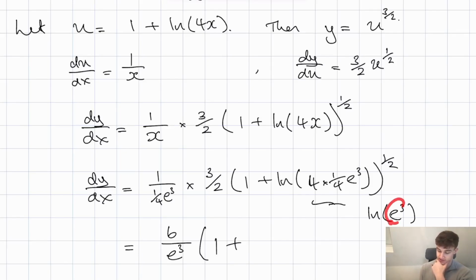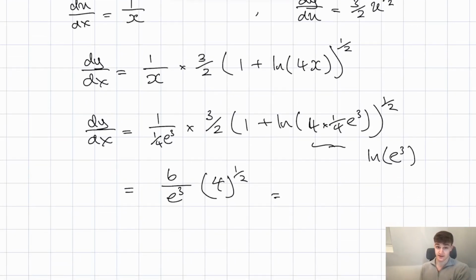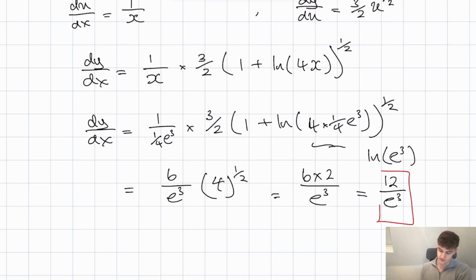In this case it's easy, e is raised to the power of 3, so the answer is 3. So I'm going to get 1 plus 3, which is just 4, to the power of a half, which is just the square root, so that's 2. So 6 times 2 over e cubed, 12 over e cubed. And if you really wanted to, you could write it as 12e to the minus 3.